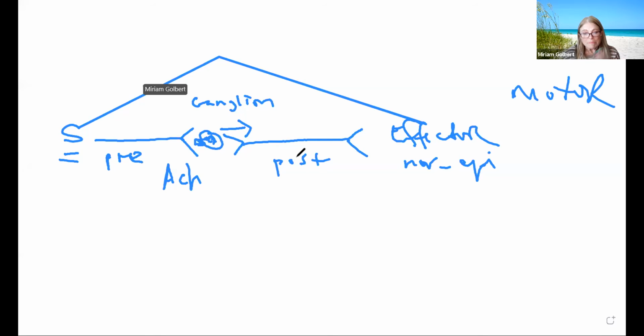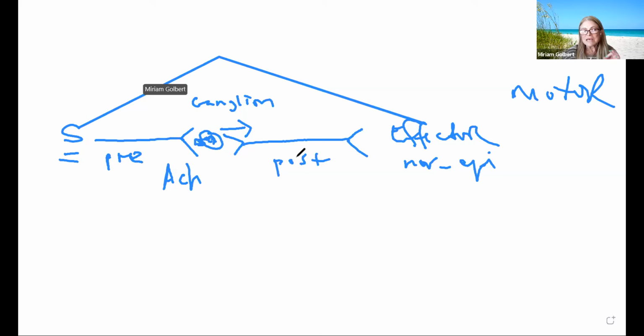So depending on the effector, let's say it's heart, norepinephrine is going to do what? It's going to increase or decrease heart rate? Increase, right? Excitatory, because it's going to attach to a beta receptor in the heart, okay? So that's how you need to study.